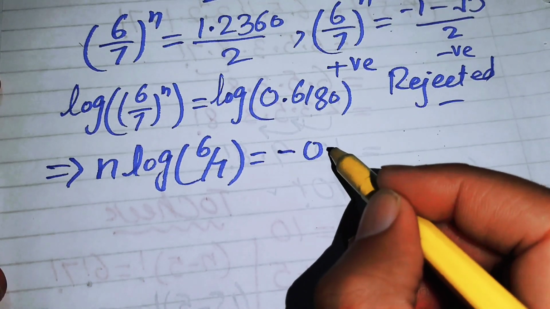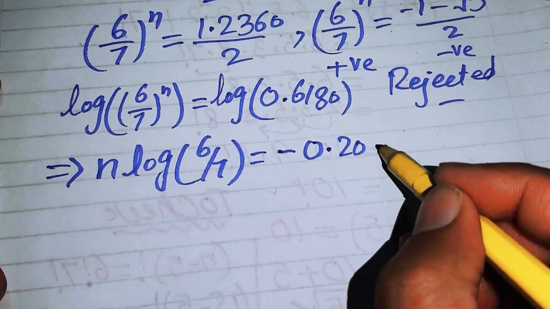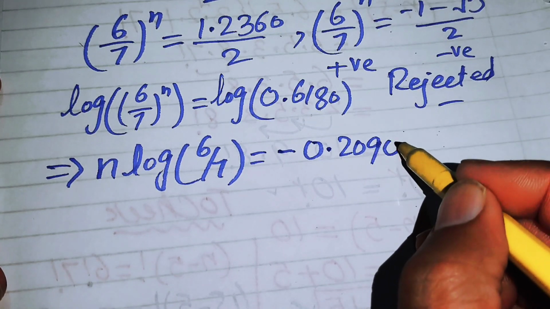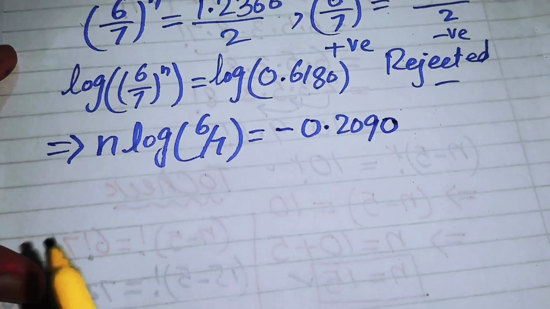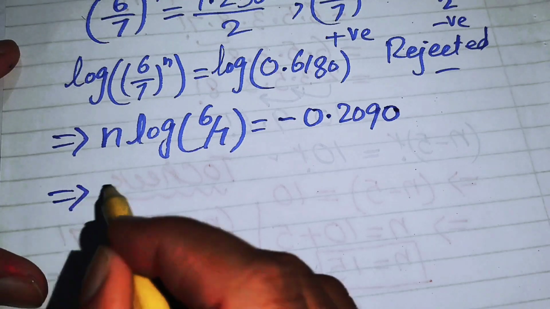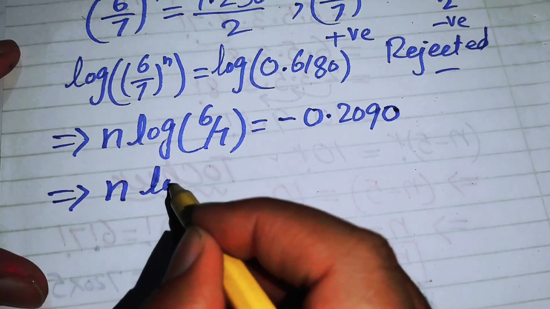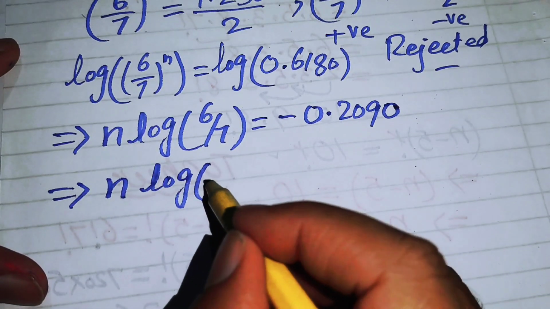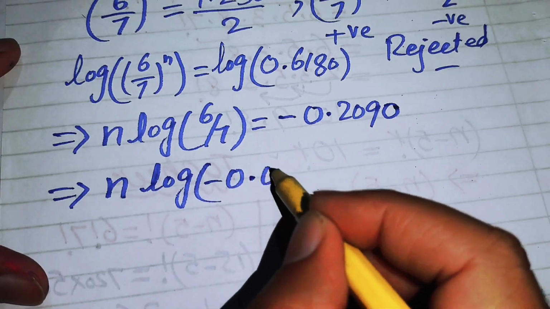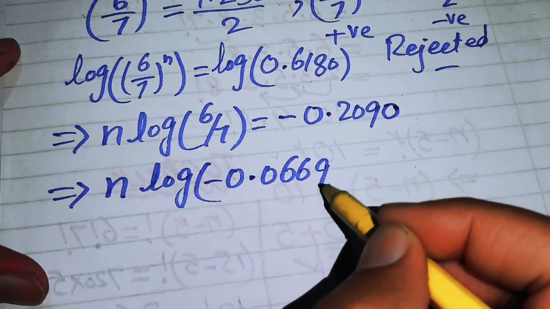Now you first find log 6 over 7, and you get minus 0.0669.